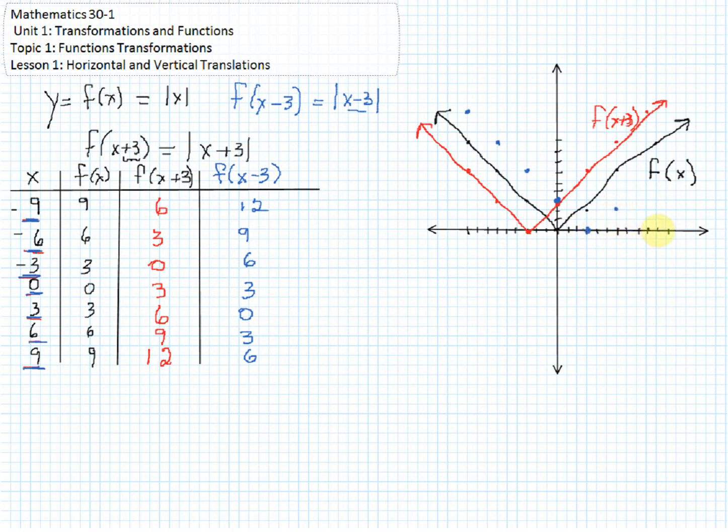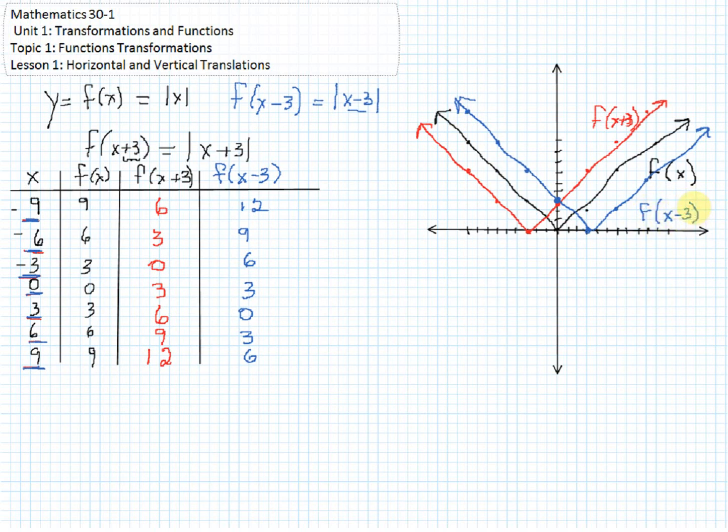And now finally an x of 9 gives us a y of 6. Sorry, 1, 2, 3, so here. Okay. When we connect our graph, again we see the distinctive shape, only now we have a horizontal translation to the right.